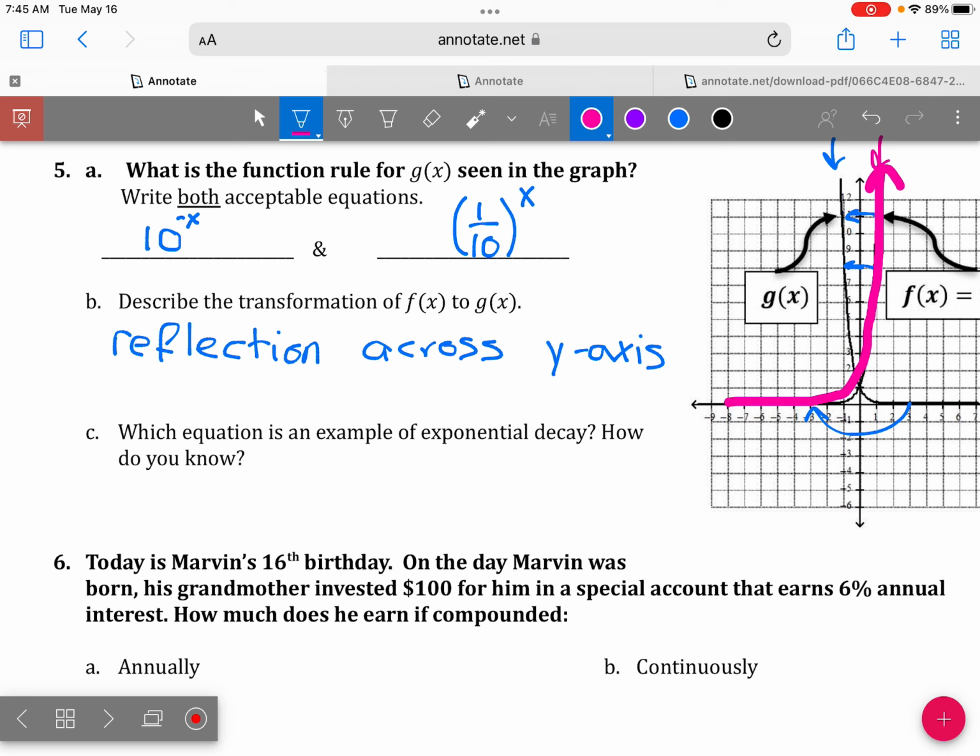So is pink decaying? Or is blue decaying? It's going to be the G. I heard it. G of x is an example of decay. We read graphs from left to right, just like we read words. So it's falling. It's getting smaller from left to right.